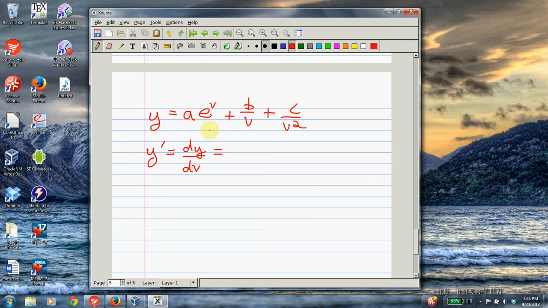So ignore the constant a. A is standing for just some number like 7. So this stays a to the v. Now this part is the same thing as b times v to the minus 1, right? So the minus 1 comes down and gives us minus b. And now take 1 away and it becomes minus 2, right? And now this part is the same as c times v to the minus 2, right?